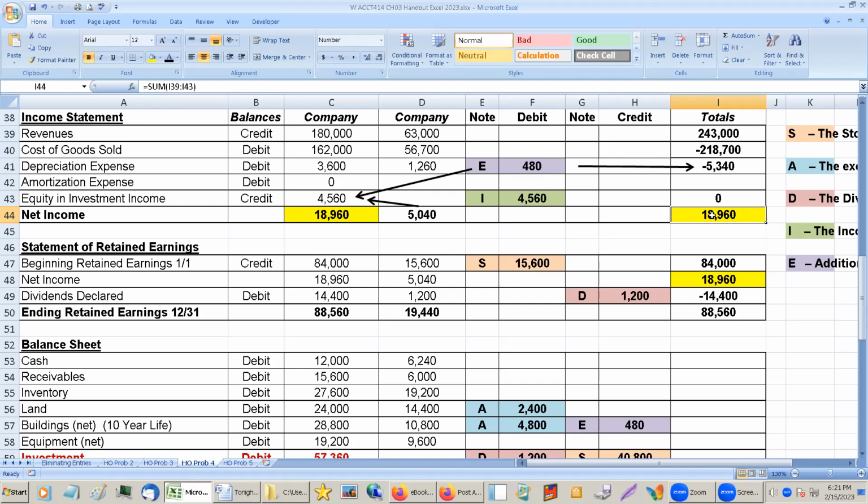But yeah, and by the way, if you were to ask what this would be if you didn't have this equity income, this would be lower by 14,000 something. So this 4,560, the income from Bill, is included in that 18,960. It just has 480 taken out of it.